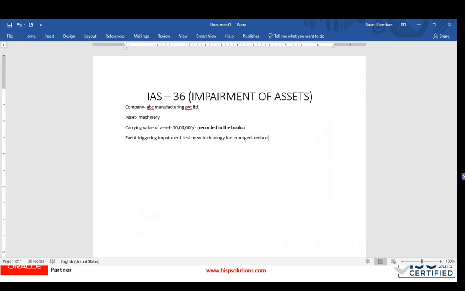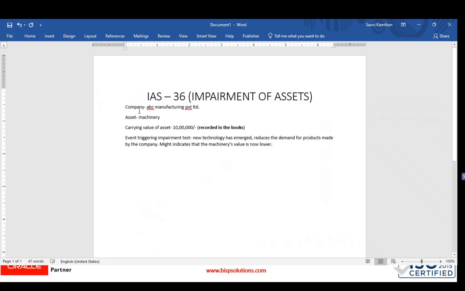It reduces the demand for products made by the company, which might indicate that the machinery value is now lower.